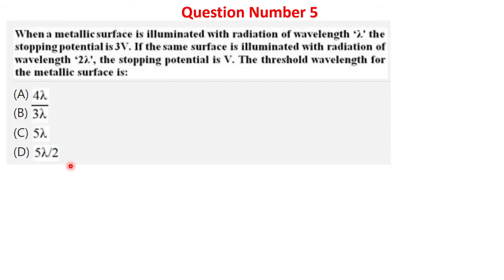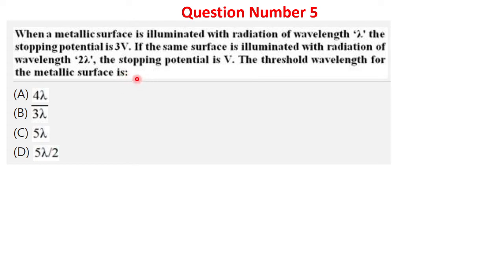Question number 5. When a metallic surface is illuminated with a radiation of wavelength lambda, the stopping potential was 3V. When the same surface is illuminated with a radiation of wavelength 2 lambda, the stopping potential becomes V. The question is, the threshold wavelength for the metallic surface is.